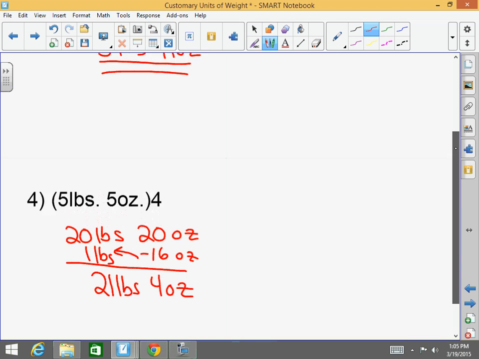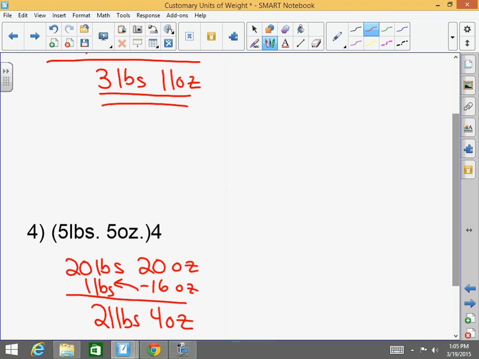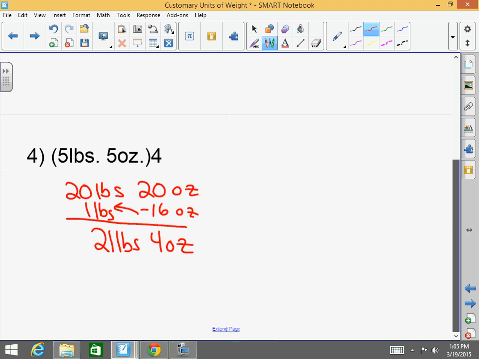My brothers, do you see this? Are you sure, my brothers? I want to make sure this is nice and clear. I added a pound because I took away 16 ounces, my man. So since I took away 16 ounces from the ounces, I have to put it somewhere.